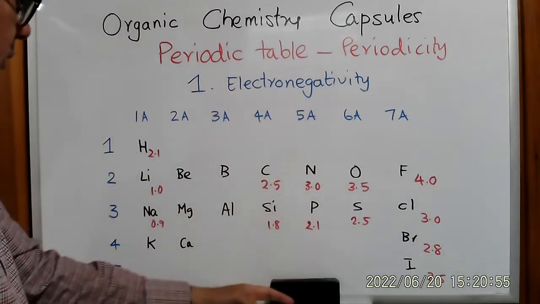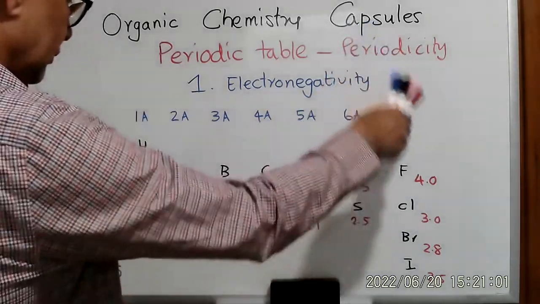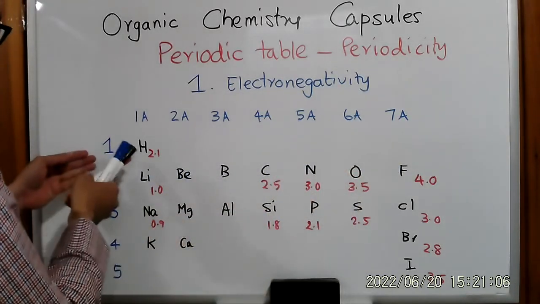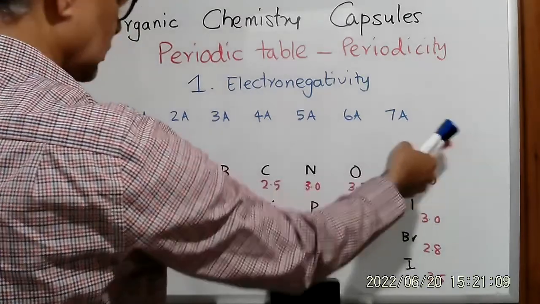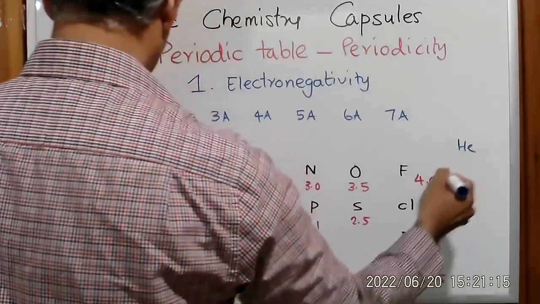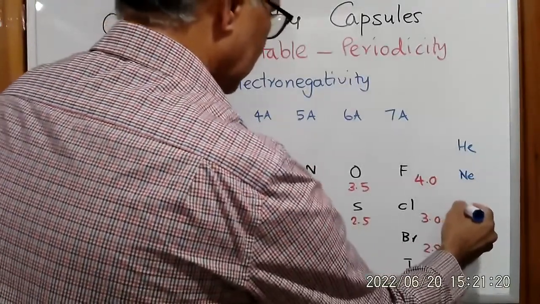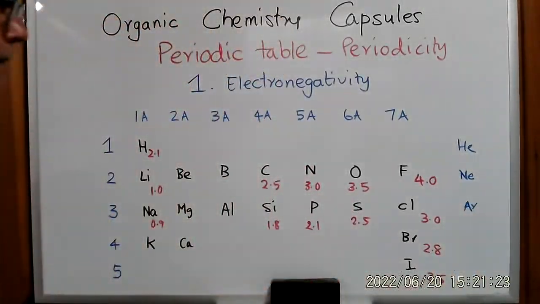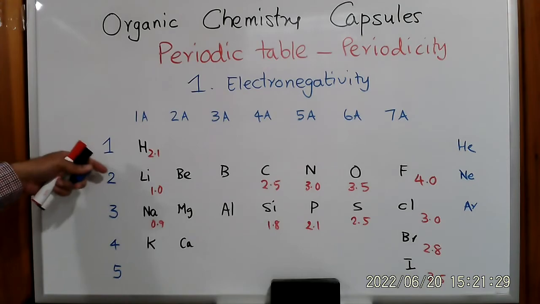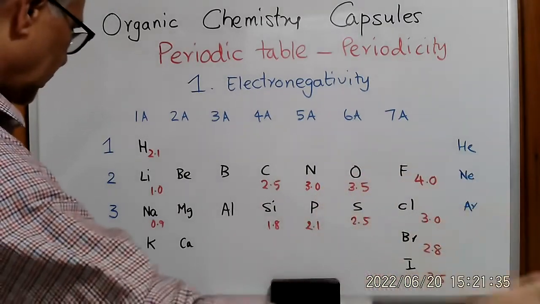So the data, these are the groups 1A, 2A, 3A, 4A, those are the groups, and here you have the rows, that's the periods. So first row has hydrogen, and then you have the noble gas helium there, and second row lithium ending with neon, and then you have the noble gases there, krypton, xenon, and as the shells increase, you have second row, third row, fourth row, fifth row, and all that.